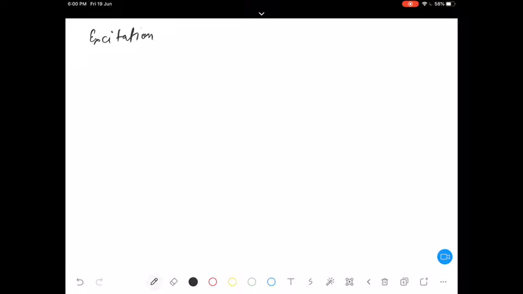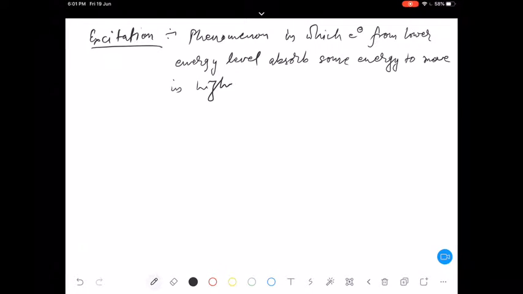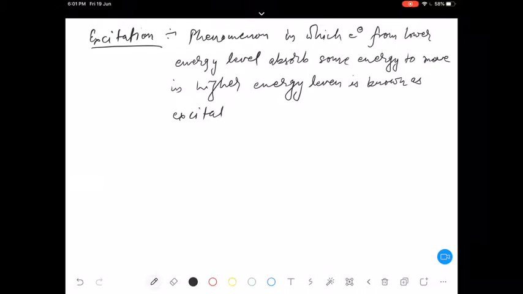So excitation: the phenomenon in which an electron from a lower energy level absorbs some energy to move to a higher energy level is known as excitation. Similarly, you can write de-excitation as well.